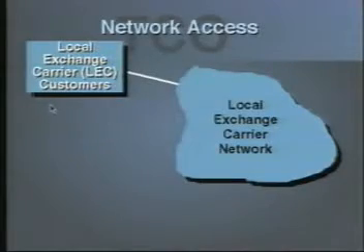If that's our telecommunication network, who are our customers? Who are the people that need to be attached to that network? Well, first of all, we do have the individual customers. Those could be businesses or residences. We often refer to this as the local exchange network, and these, of course, would be local exchange customers.